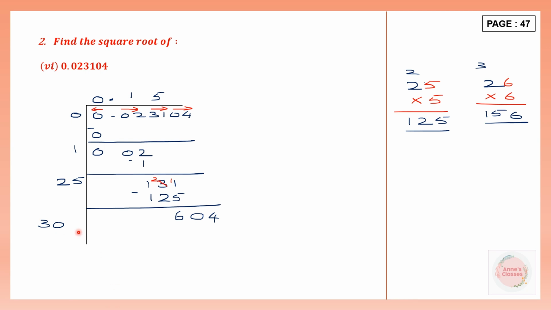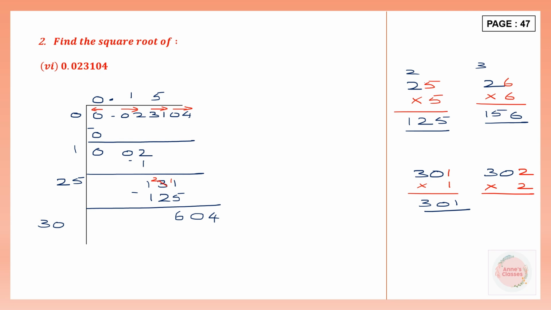Now, next to 30, I need to write a digit so that when I multiply it by the same thing, I get 604. So let me take 30 and put 1 next to it. So when I put 1 next to it, I have to multiply it by 1. 301 into 1 is 301, which I cannot use here, 604. So now let me take 30 and next to it this time, let me put 2 and multiply also by 2.